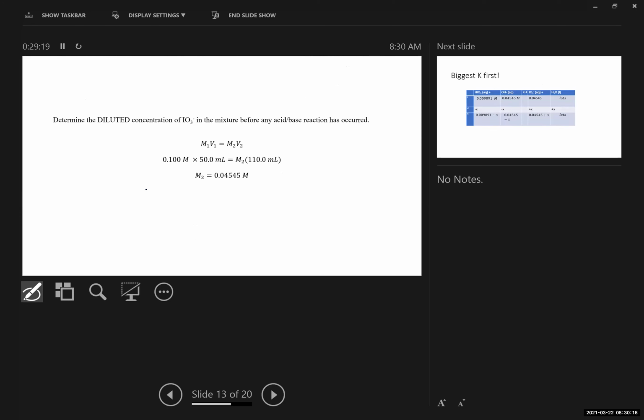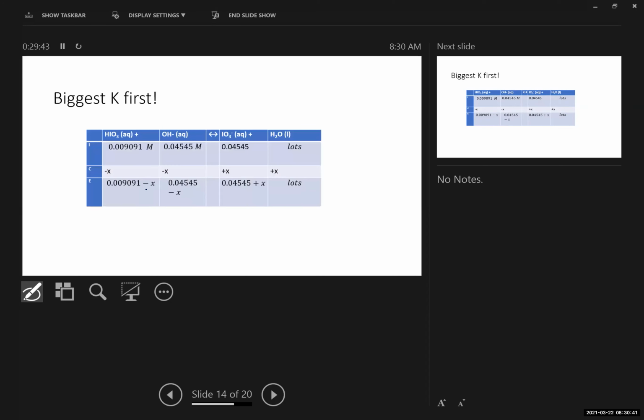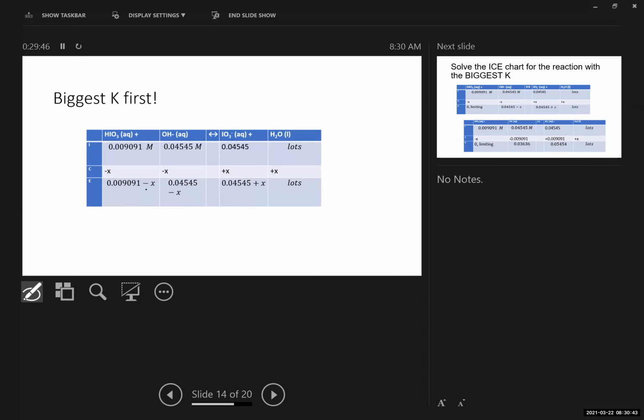At this point, it's as many ice charts and K equations as it takes to get the pH. And there's no question as to which one was largest, since there was only one super big one.